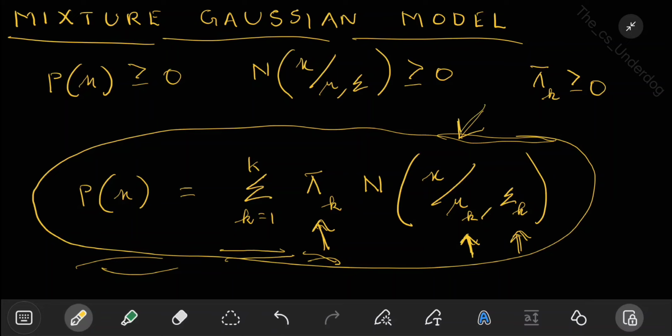Each of these is called a component Gaussian: N of x given mu k and sigma k, where mu k is the mean of the kth Gaussian distribution and sigma k is the covariance of the kth Gaussian distribution.